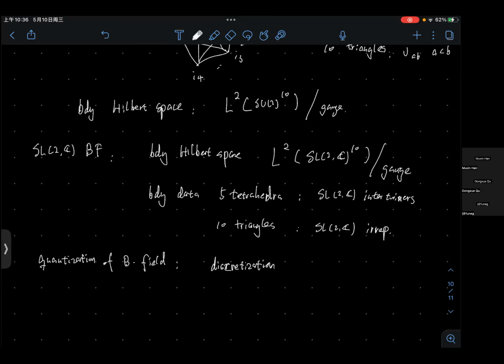We introduce B smeared on a triangle f, where f is a single triangle of the 4-simplex. It is just integrating this B field; B is a 2-form, so you can integrate it on the triangle.